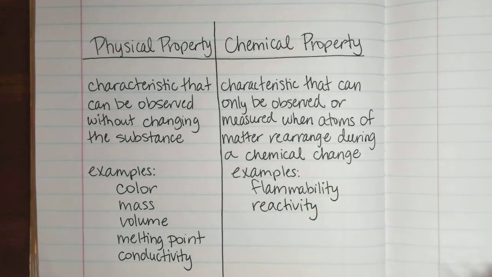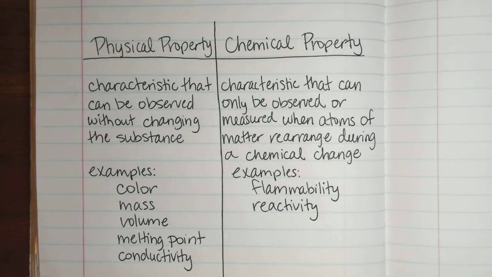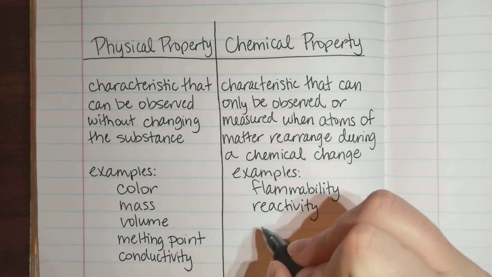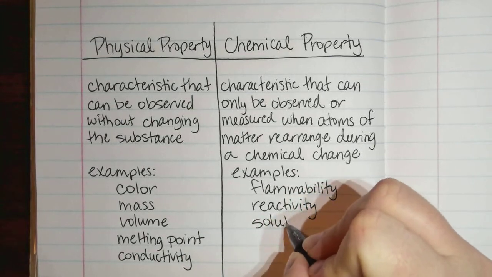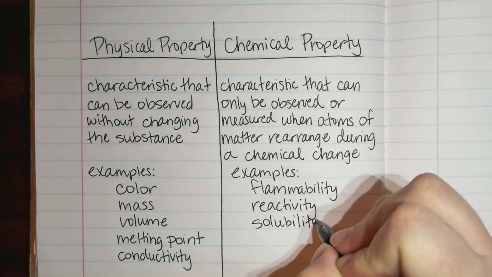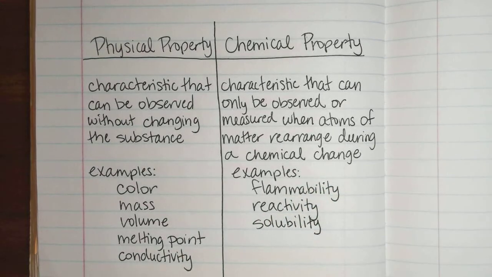In the teacher station we talked about how some elements can combine to form compounds. We call reactivity how easily an element or a substance will combine with something else. Okay? And then also solubility. Does it have the ability to dissolve in a solution?